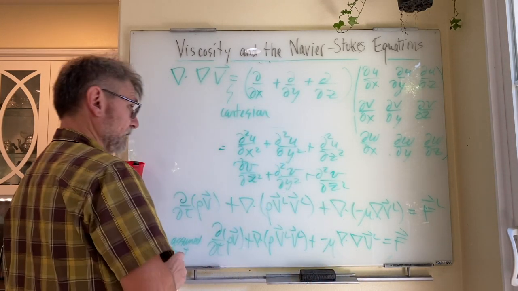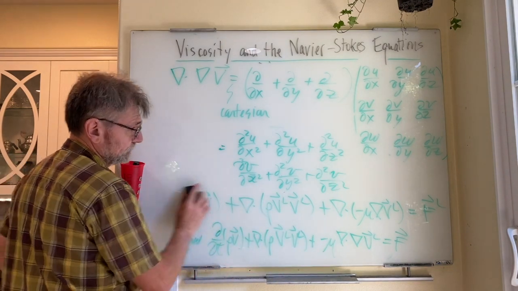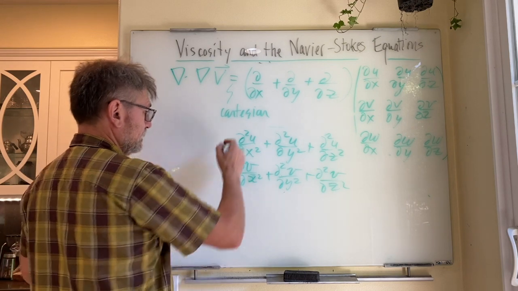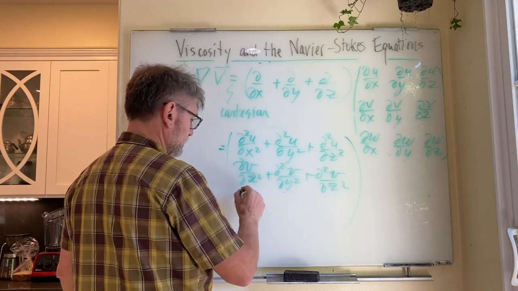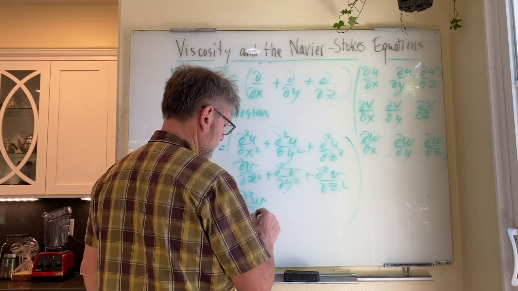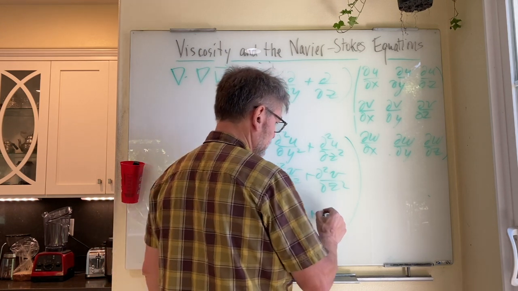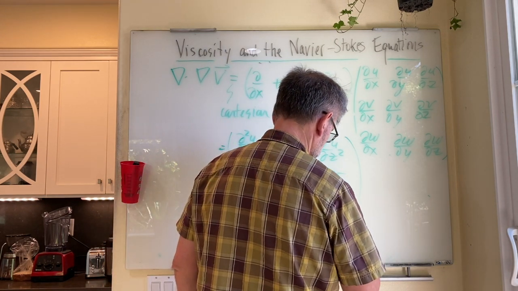And the last component is d2w dx squared plus d2w dy squared plus d2w dz squared.